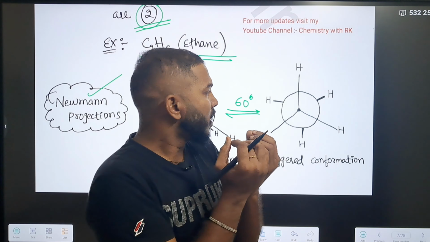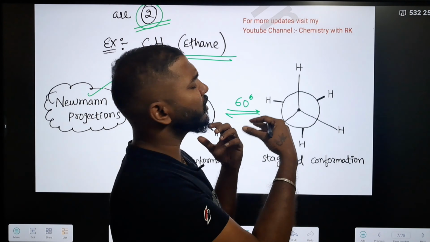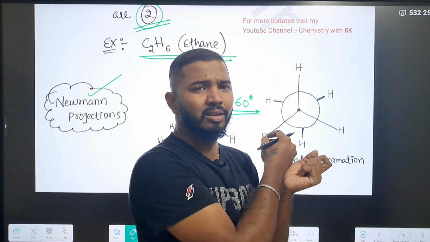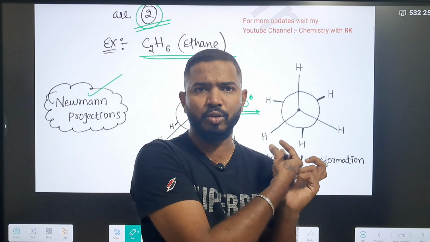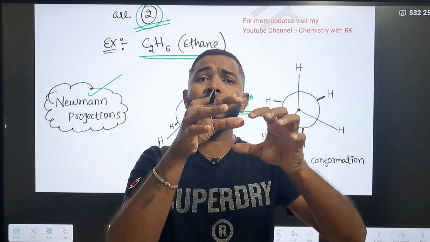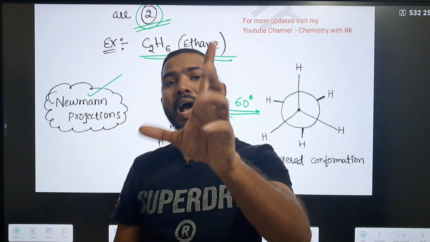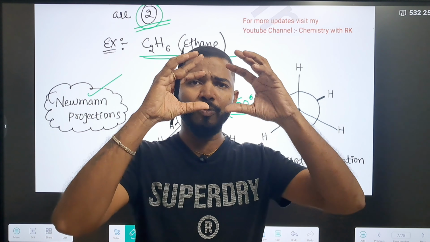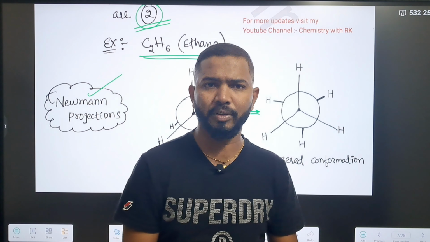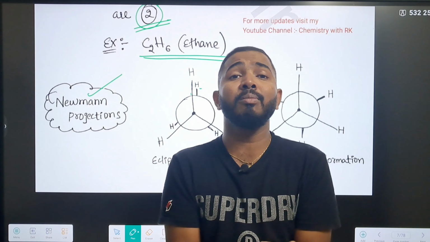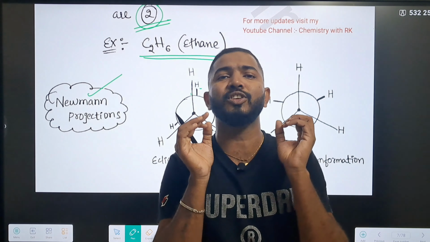I was thinking just to give you some small idea about conformational isomerism. I hope you are satisfied with this. But in the separate video I'm going to give you proper models and all, so that I can satisfy you 100%, so that you can solve more questions with much ease.